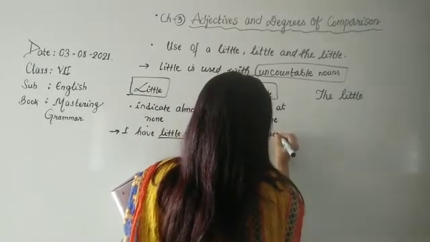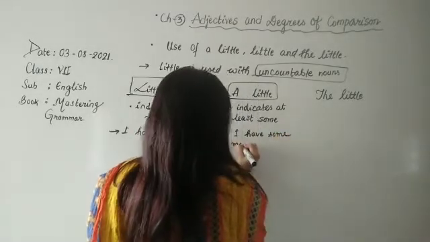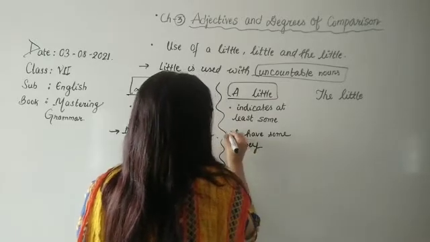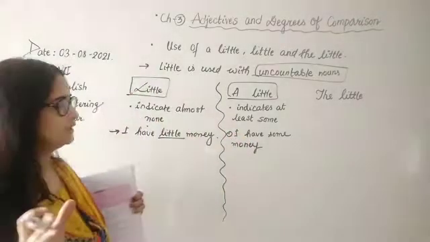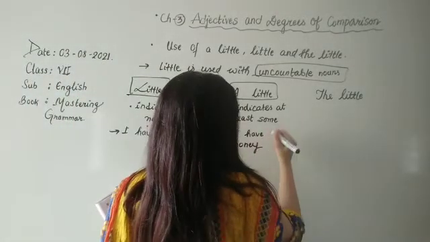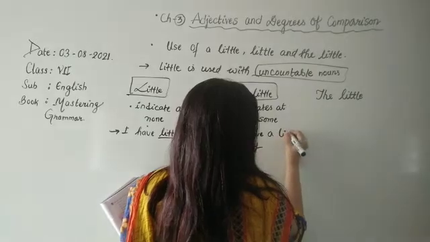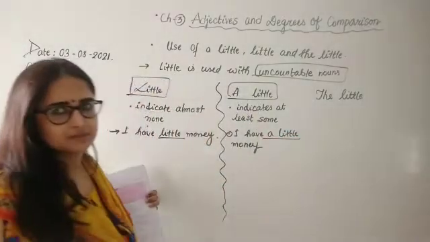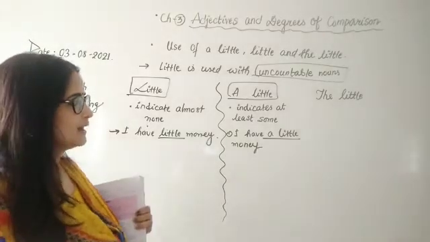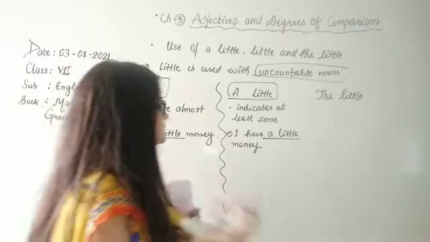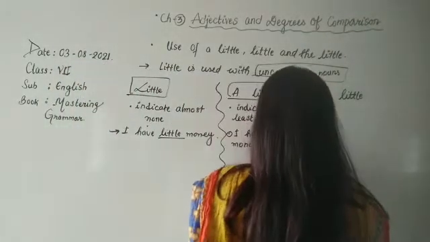It means it is used in positive sense. That means I have some money. Okay? So I have a little money because we are using a little. So I have a little means I have some money.